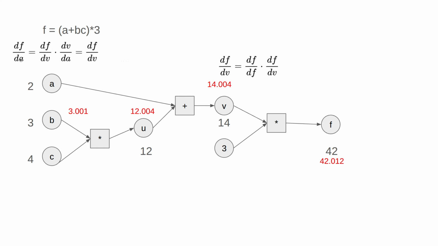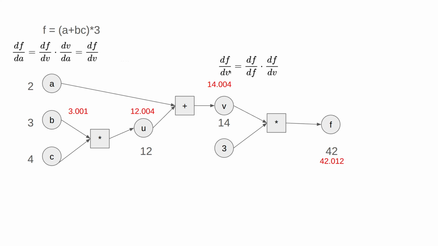So the df of dA will be the df of dv here. And we don't really need to compute the df of dv here since it has been decided before in the previous step. So we're just using the cached value to do the job.